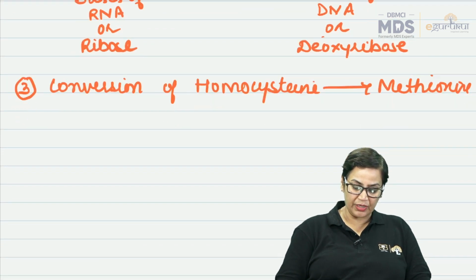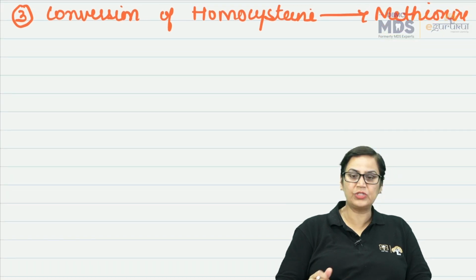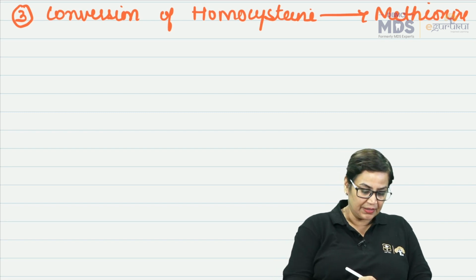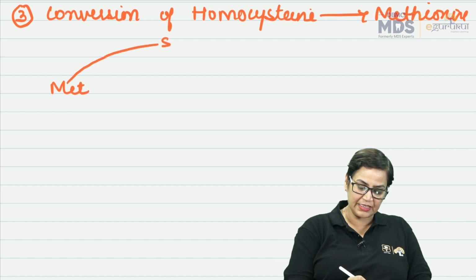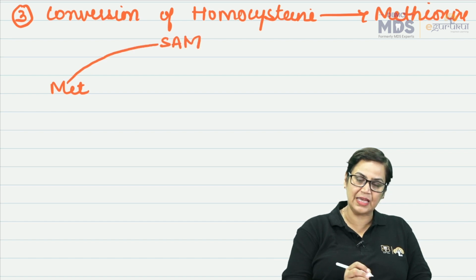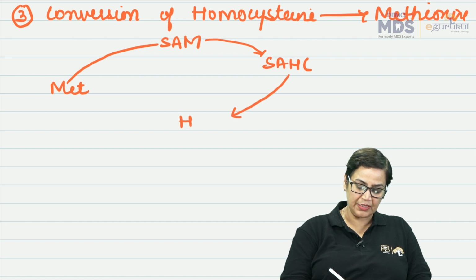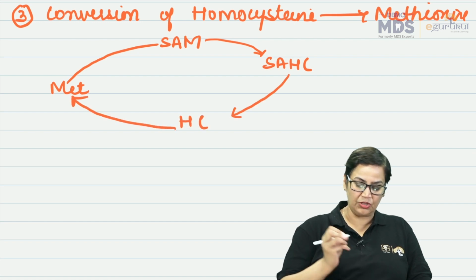This is a very important reaction, conversion of homocysteine to methionine. Now, exactly what happens in this reaction is this methionine, first of all, gets converted to its active form, which is SAM. This SAM donates the methyl group forming homocysteine, and this homocysteine needs to be converted into methionine.